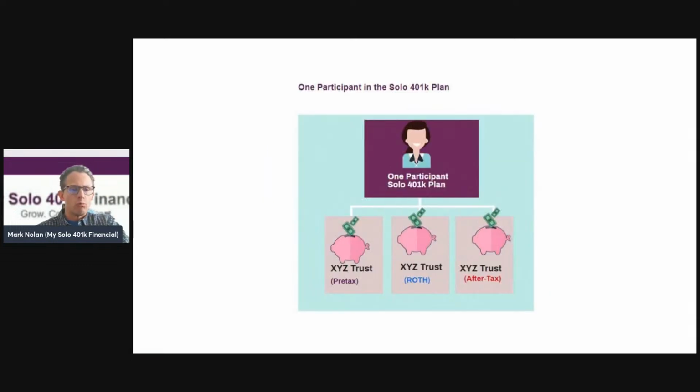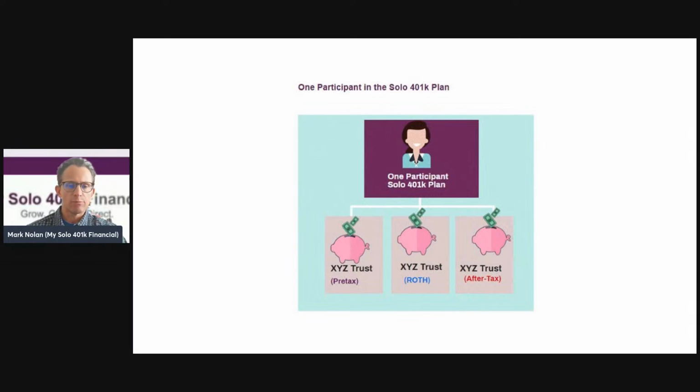Here's an example of a one participant self-directed 401k plan. Under the self-directed 401k plan, you need to have separate holding accounts for each source of self-directed 401k funds. This illustration here consists of 3 separate bank and or brokerage accounts under one plan.